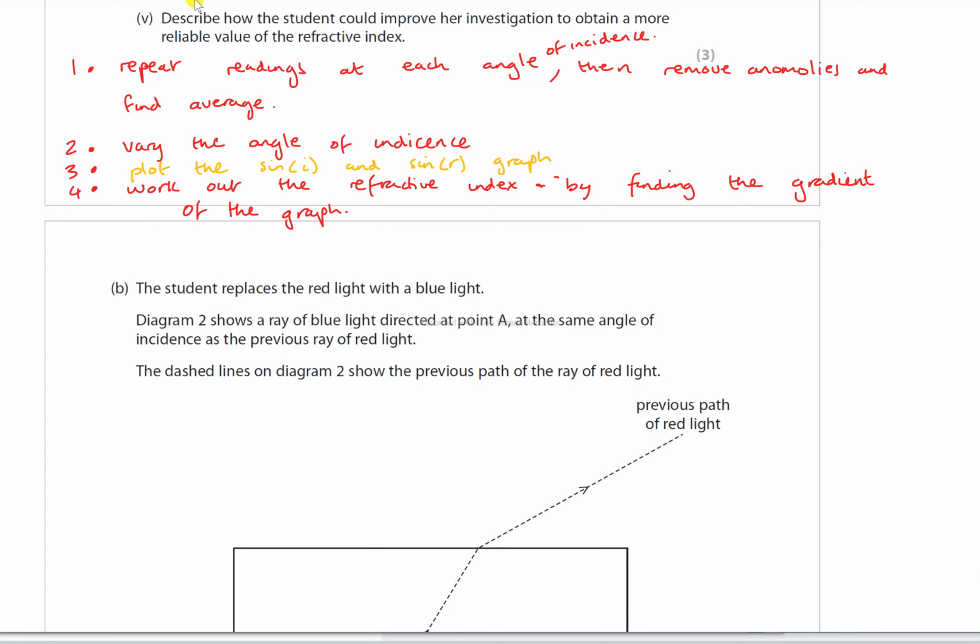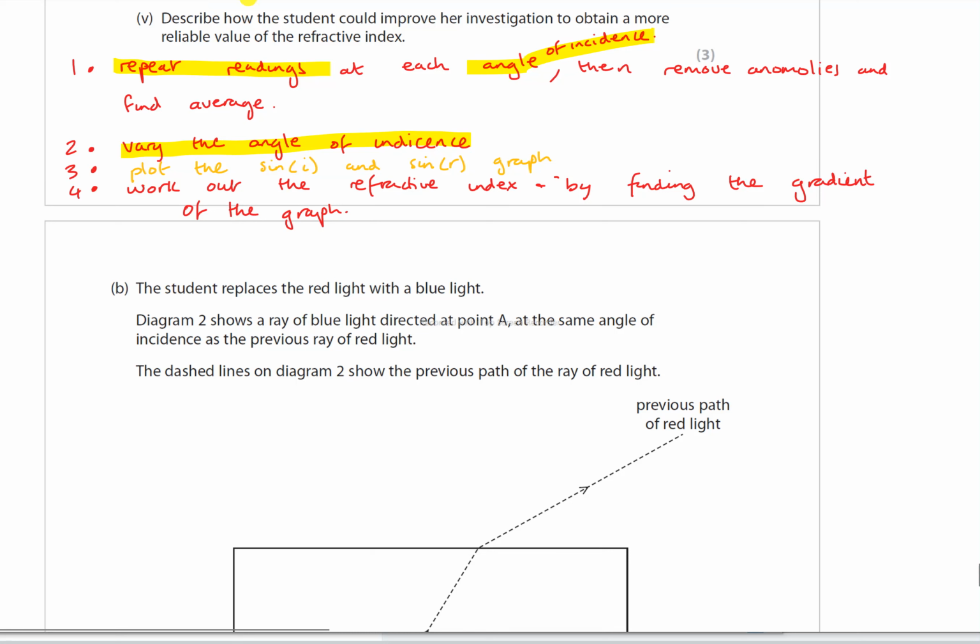So let's go through that again. You repeat the readings at each angle of incidence. You vary the angle of incidence. Then you measure the angle of refraction.